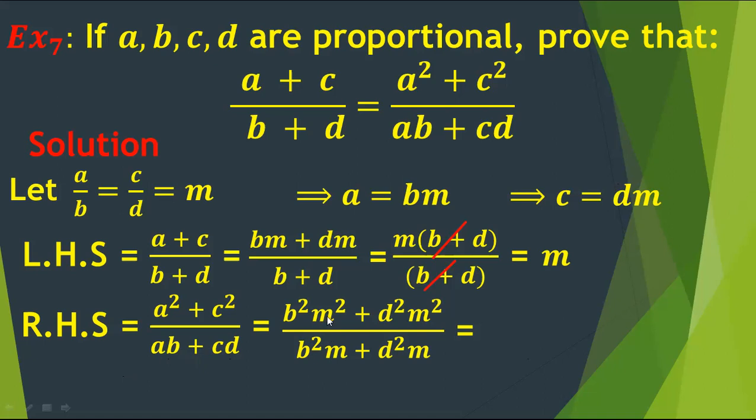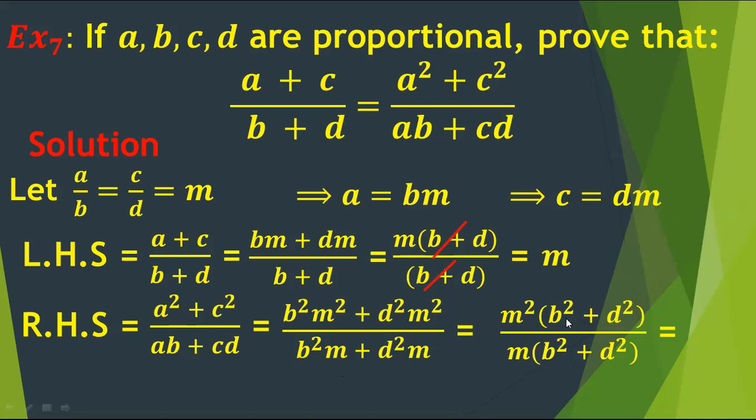Here we have B power 2 M power 2 plus D power 2 M power 2, so I take M power 2 as common factor, the greatest power. The remainder is B power 2 plus D power 2, over M common factor, the remainder B power 2 plus D power 2.